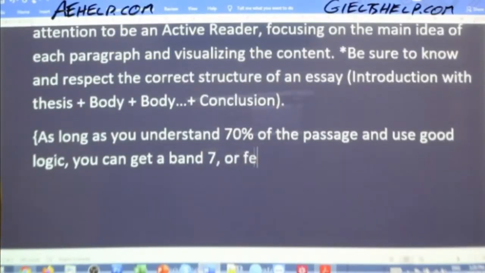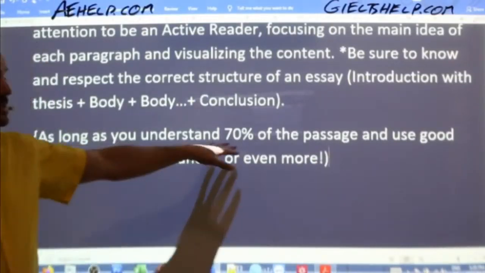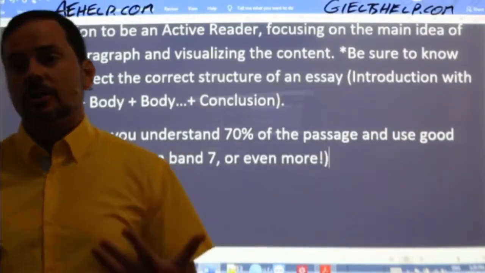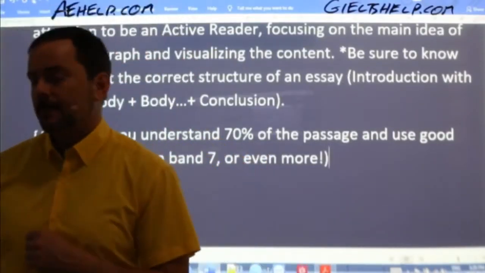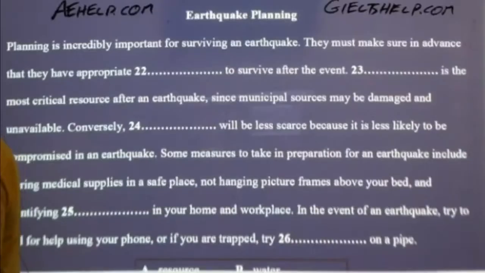Okay, I've seen it. So you can do quite well if you get about 70% of the passage and you're using your logic wisely. Okay? All right, we're going to do this, so you'll see. Here we go. Let's do it.